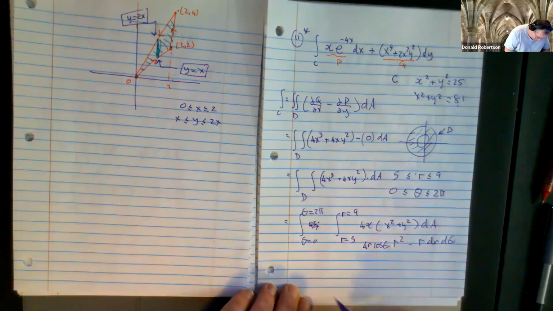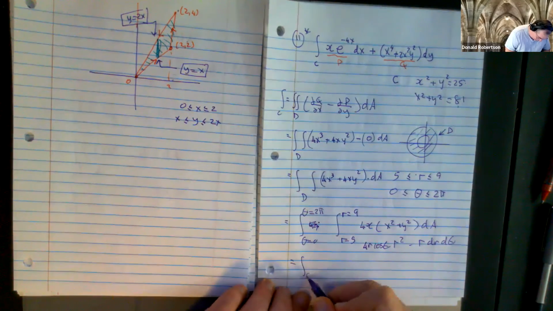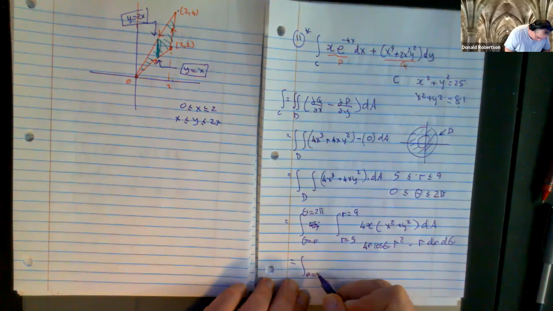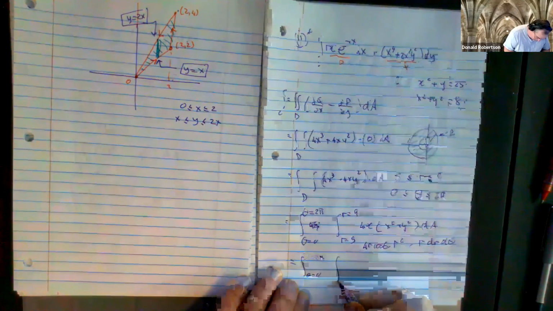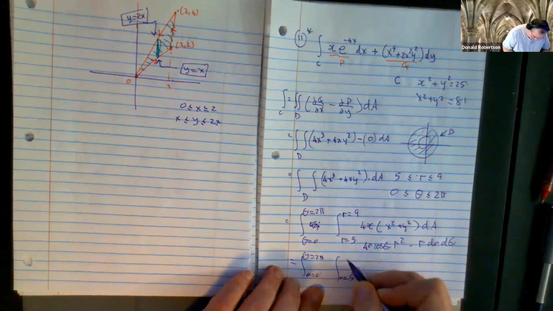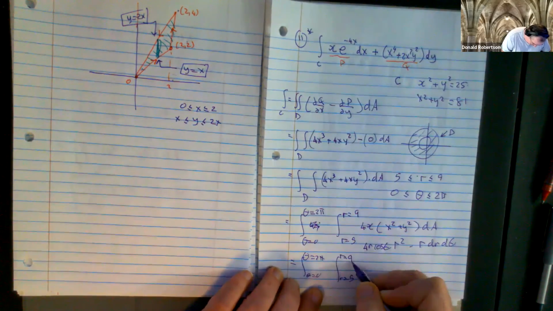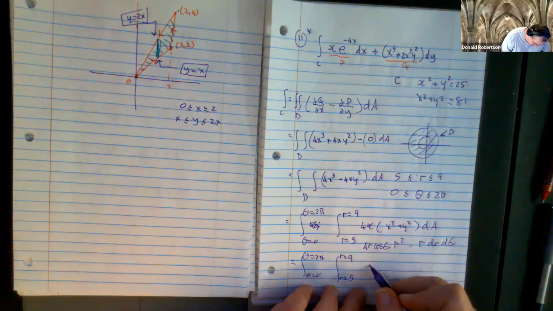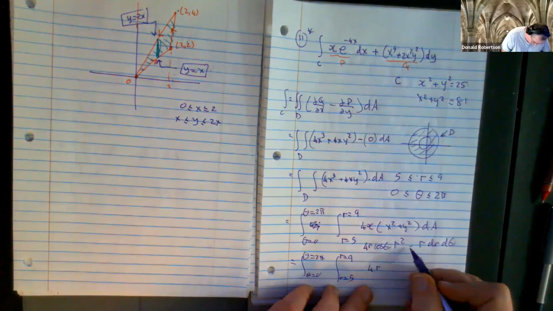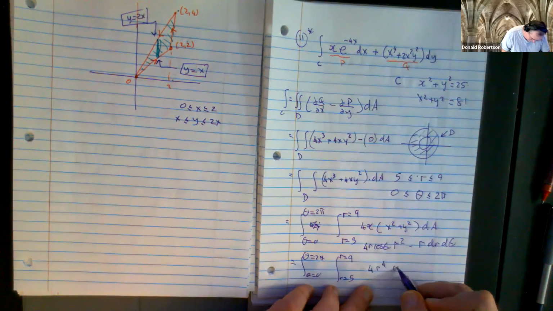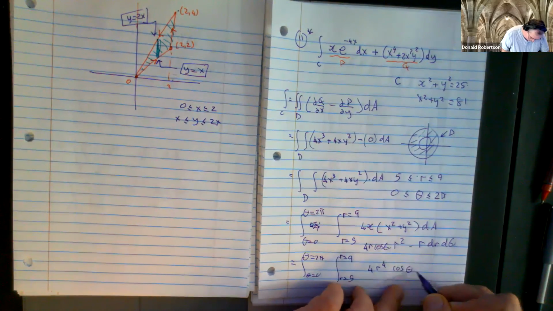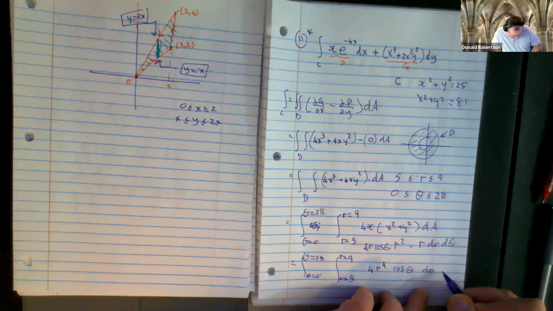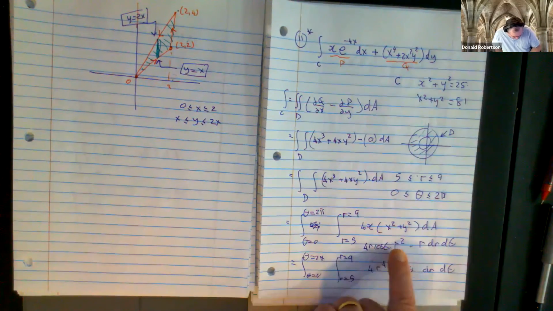Okay, so I now have from theta equals 0 to theta equals 2 pi, from r equals 5 to r equals 9, and it's going to be 4r to the 4 cosine theta dr d theta. Check that: 4r and r squared and another r.